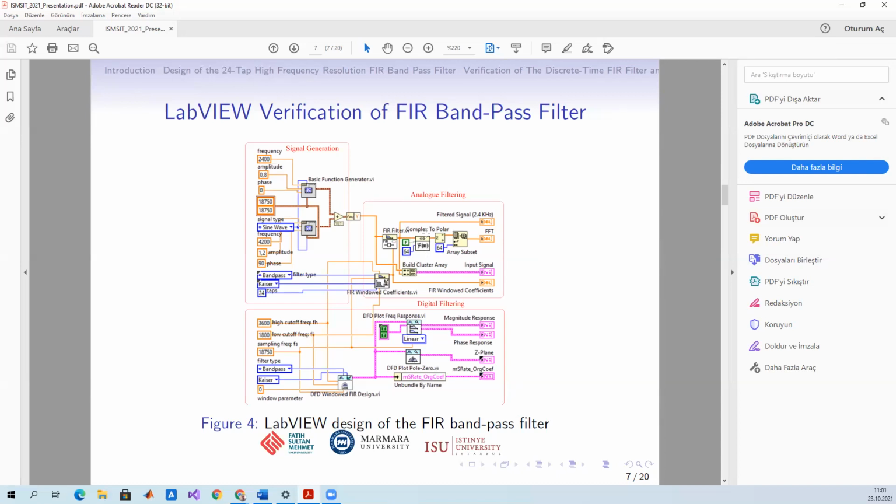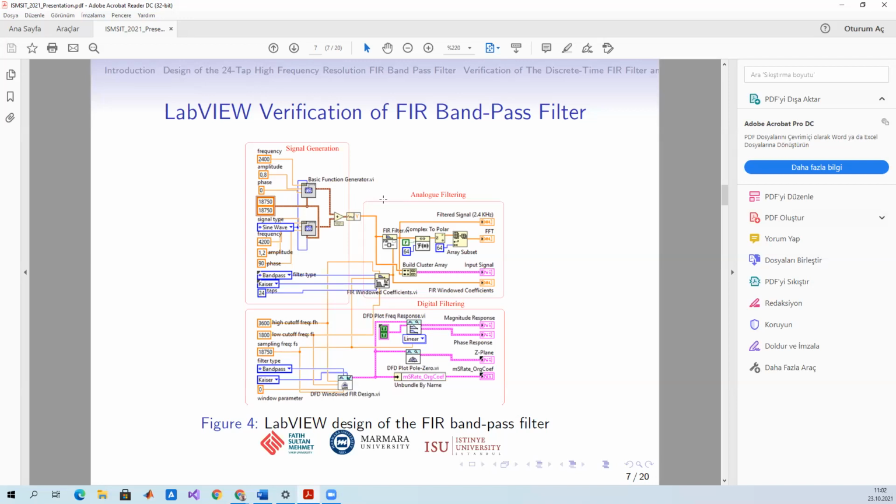We cannot use it in the VHDL program because it takes too long. Just take the values of the FIR bandpass filter parameters. We use LabVIEW as another way to get the simulation result.